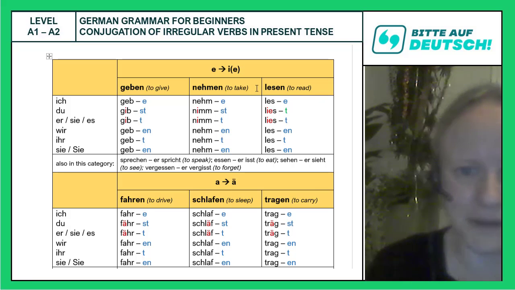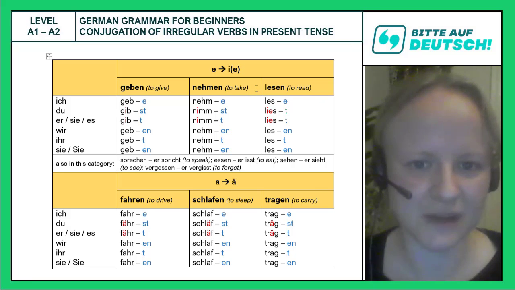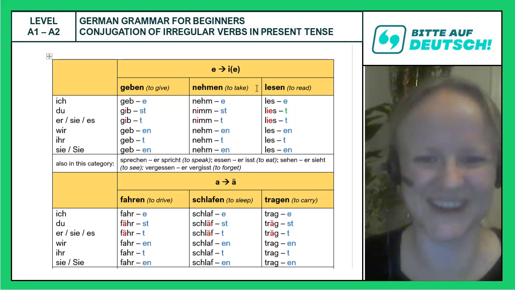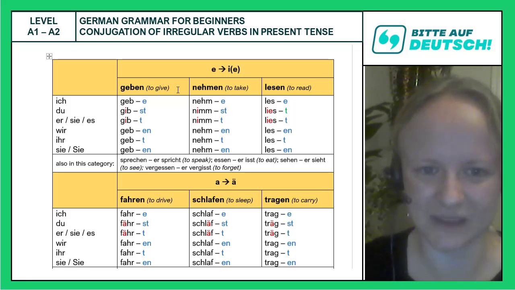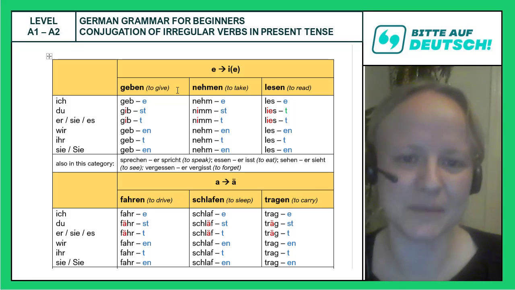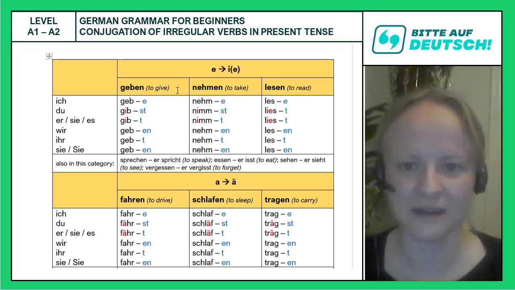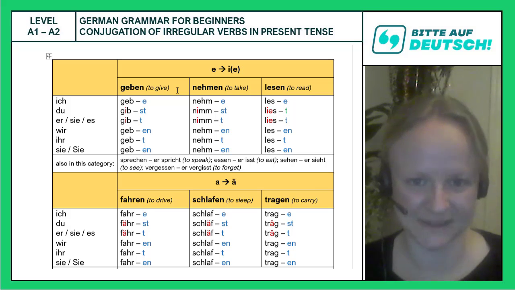I have written down here for you 3 German irregular verbs, irregular in present tense, mind you. Geben, to give. Please speak after me. Geben. Nehmen, to take. Nehmen. And lesen, to read. Lesen. Okay.